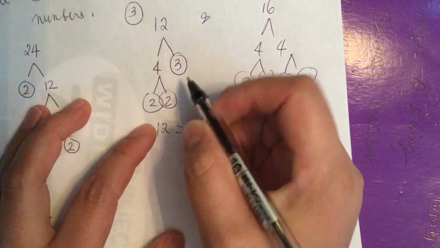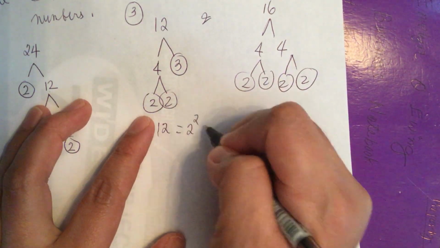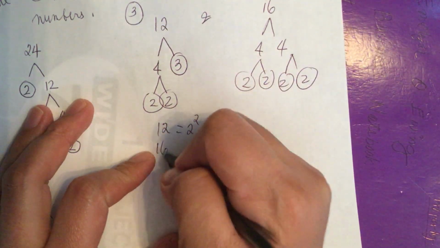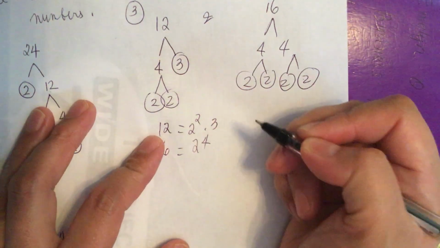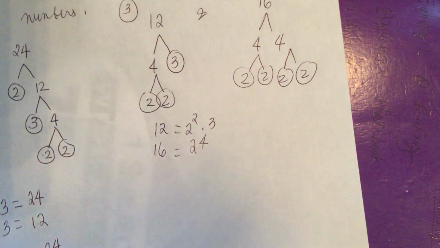So 12 is equal to 2 squared times 3. Now 16 is equal to 1, 2, 3, 4, so 2 to the 4th is 16.